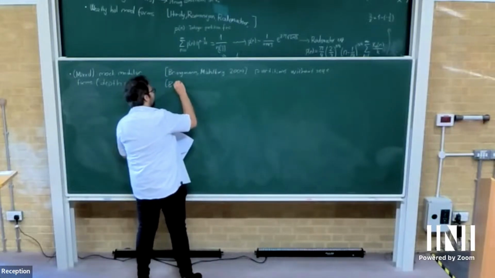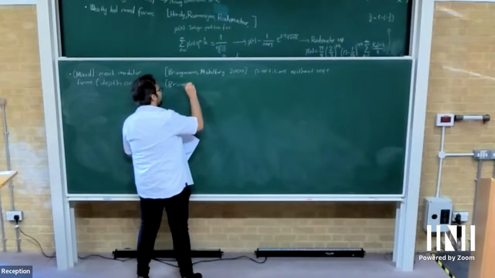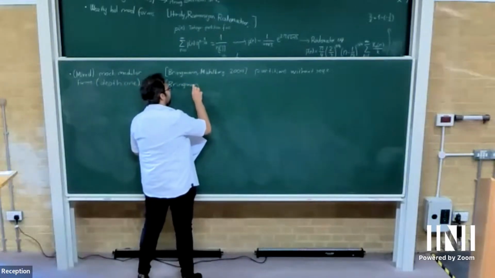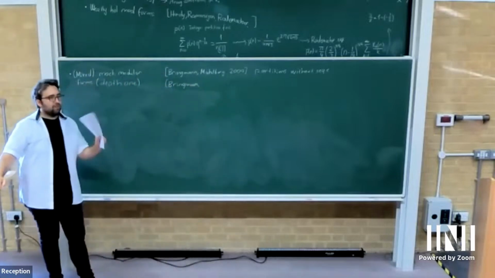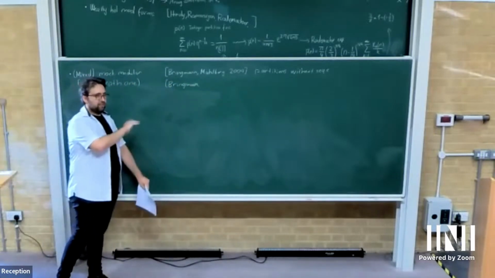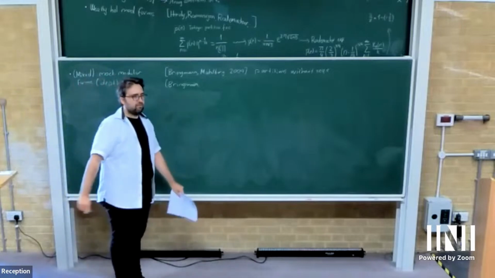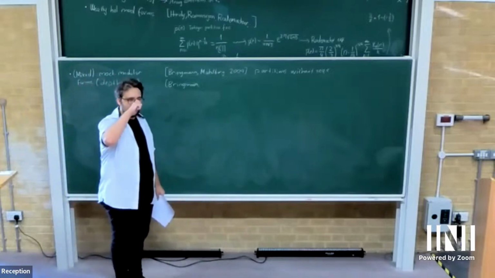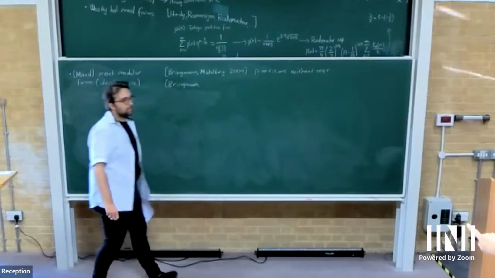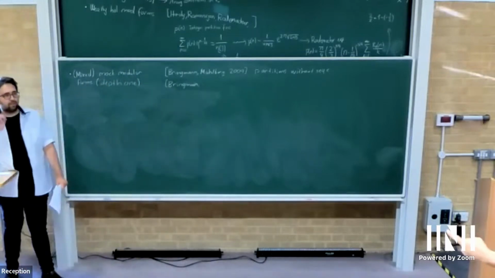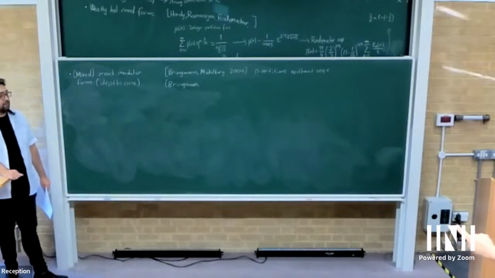I will tell you what modular is in a second, but let me mention the existing work for now. Basically the problem is that the eta has a pole, that's why there is a problem.